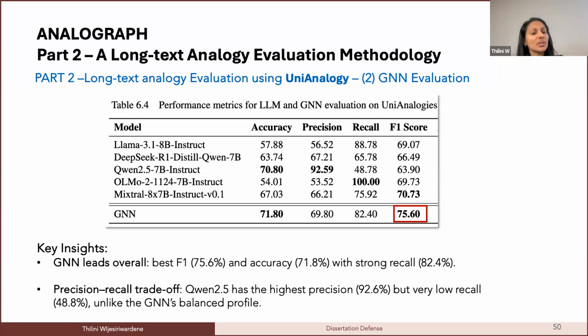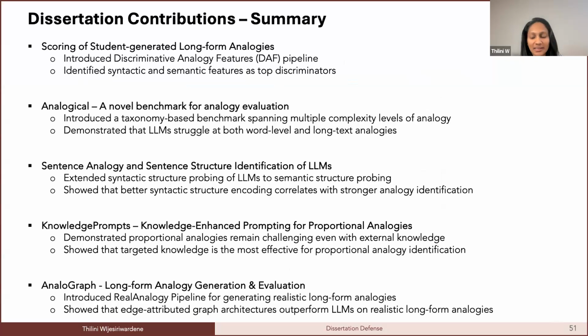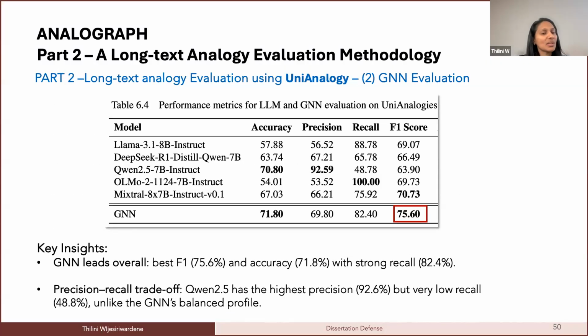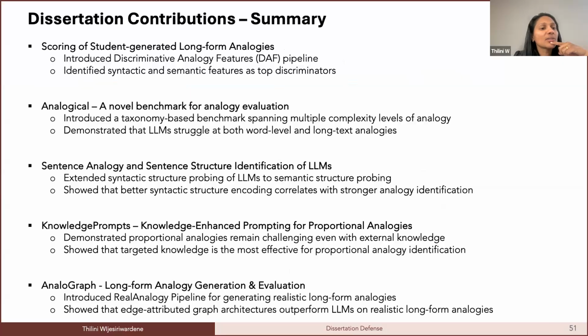But you see that GNNs have the balance of both. So now that section is coming to an end. All my contributions I have discussed now. So I'm moving to the dissertation contribution summary.